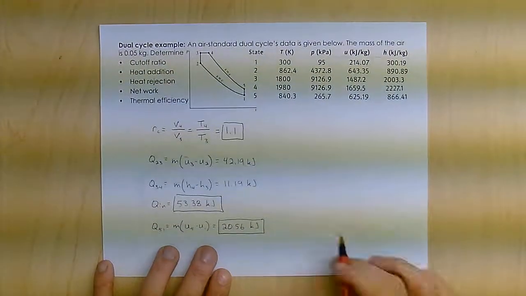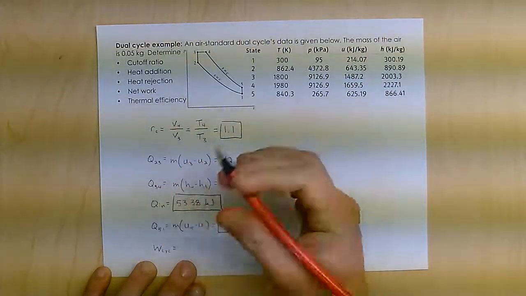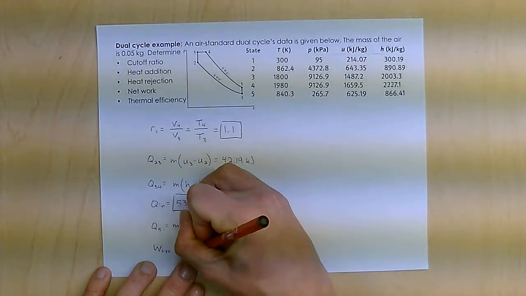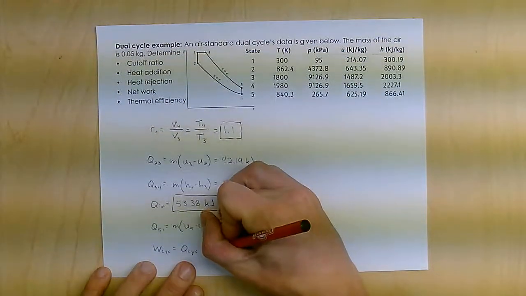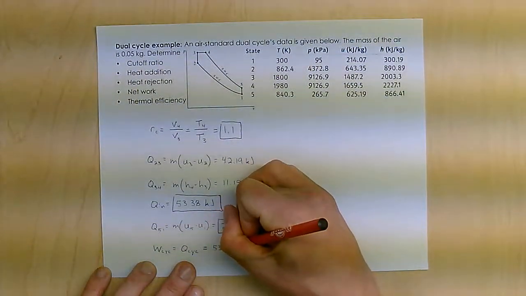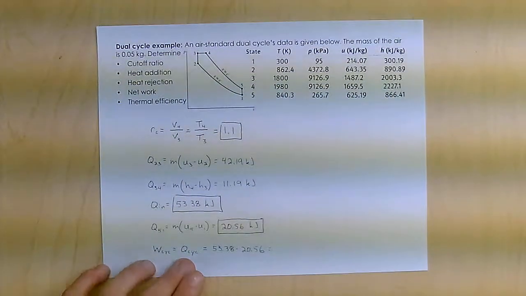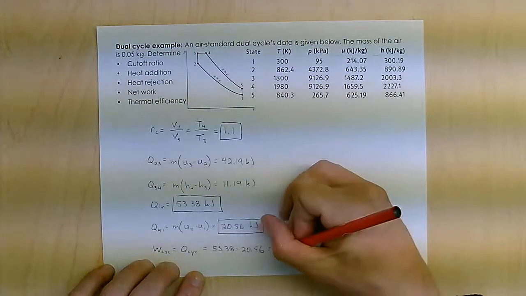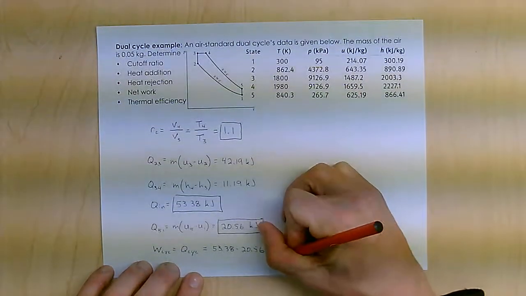Okay. The net work, so the work of the cycle, just equals Q of the cycle, which is just going to equal 53.38 minus 20.56, which equals 32.82 kilojoules.